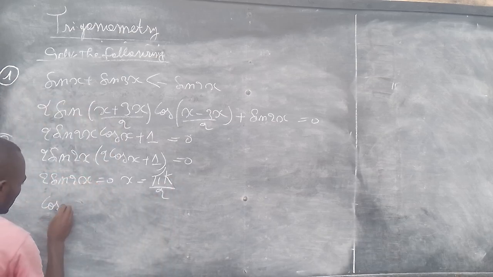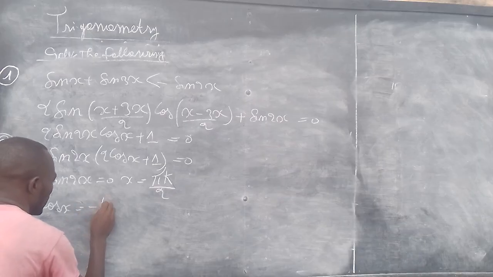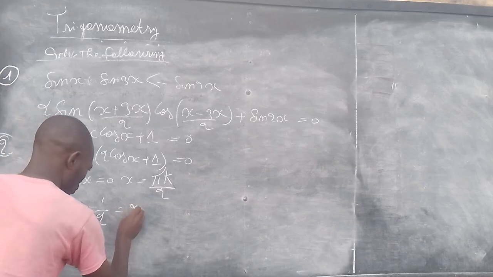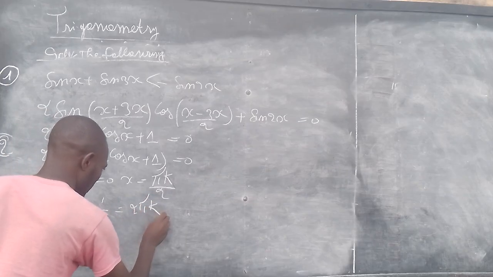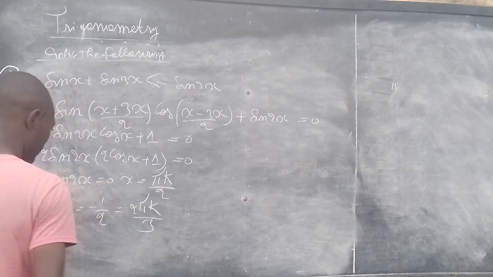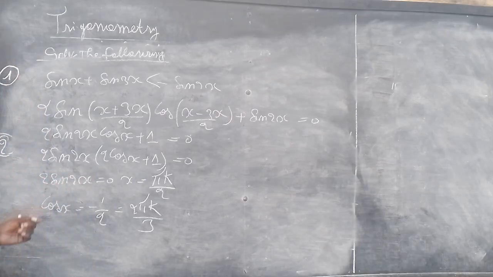Cosine x will be equal to negative 1 over 2, which gives x equal to 2 pi k over 3.